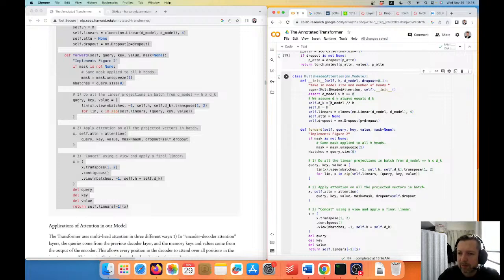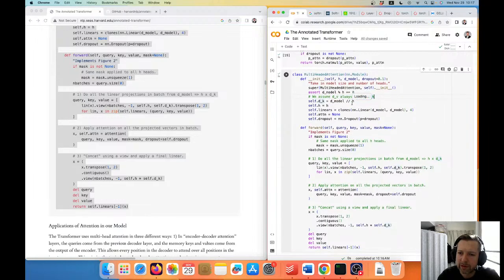But anyway, in this case they want to equally distribute the dimension among the different heads. I think it does not need to be the case, but it makes it a lot easier to build this architecture.